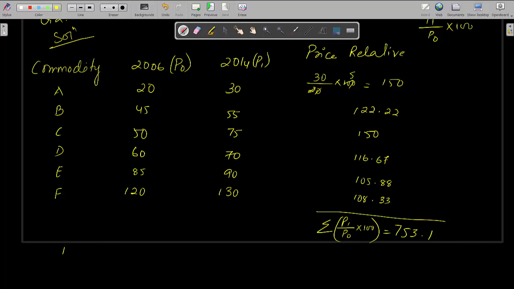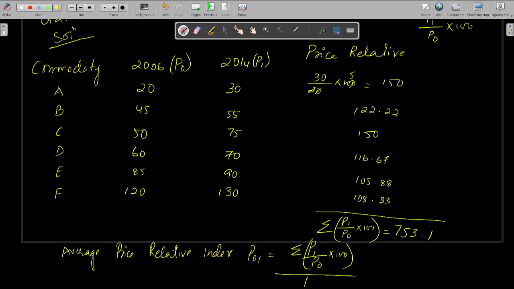So average price relative index P01 is equal to, write down the formula, P1 by P0 into 100 divided by N. Clear?